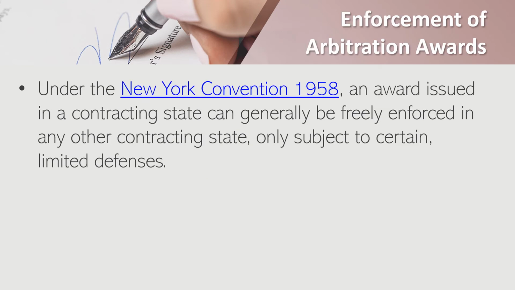Let us now proceed with a discussion of the enforcement of the arbitration award. When we say enforcement, it means the act of observance or compliance with the rule. Even though every institutional arbitration center uses its own rules and regulations, they have to comply with the state's applicable rules and regulations.